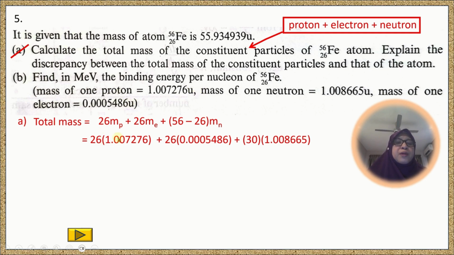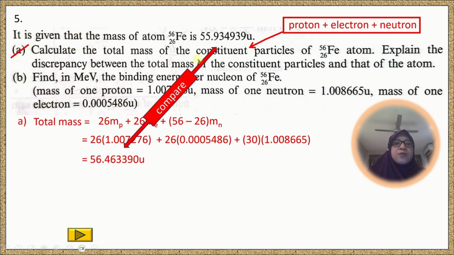So you multiply by the mass of proton, plus 26 times the mass of electron, then plus 56 minus 26, which is 30, times the mass of neutron. All of this is given in the question, and the answer is 56.463390 U.